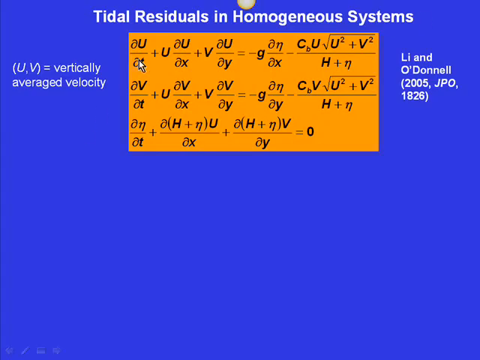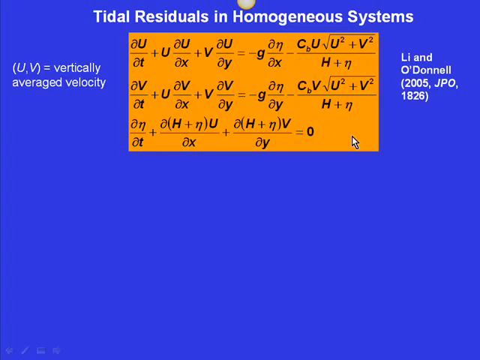We have the local acceleration, then the advective accelerations, pressure gradient, and friction, bottom friction, bottom stress. Notice that there's no baroclinic pressure gradient because we're assuming a homogeneous system. So before we see how these flows affect estuaries, we need to understand how the tidal flows are modified by bathymetry.